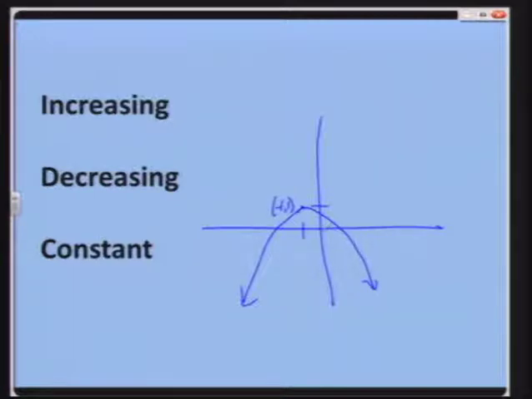All right, it's probably not hard for us to tell that we're increasing right here like we were a few minutes ago, and that we're decreasing right here like we were a few minutes ago. But how do we describe this? Generally, we describe this in interval notation.